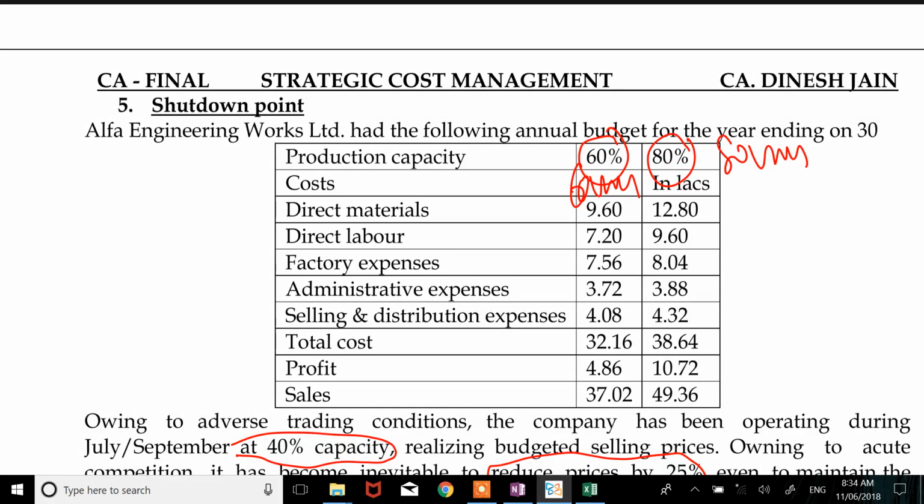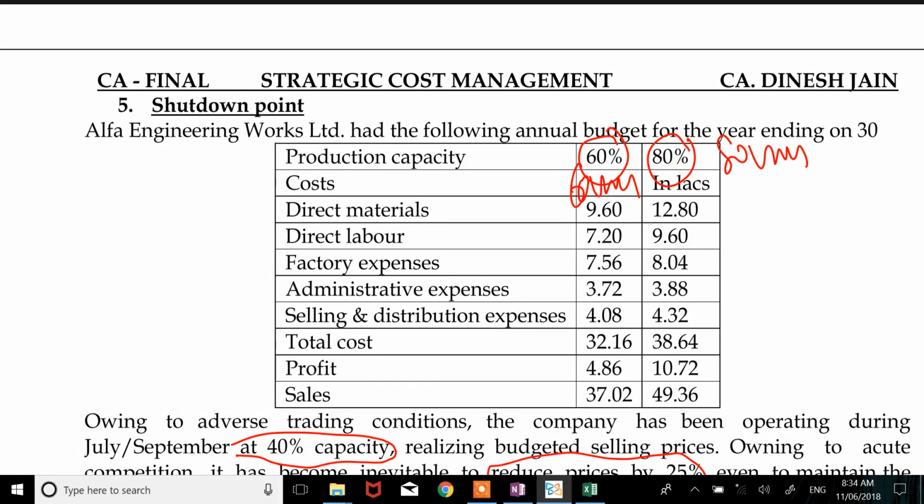In that, the next point: VC per unit equal to change in cost divided by change in units. These are the basics of your cost accounting. Change in cost by change in units.